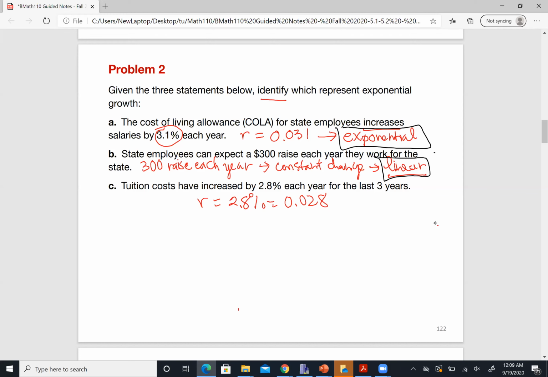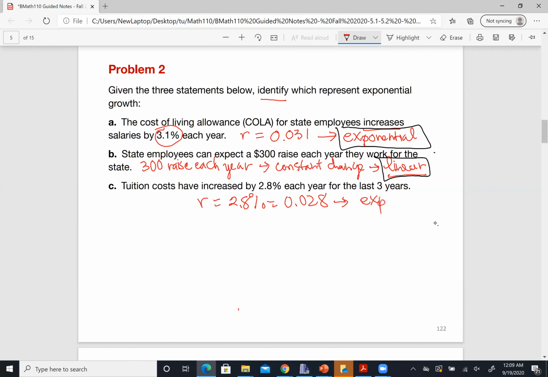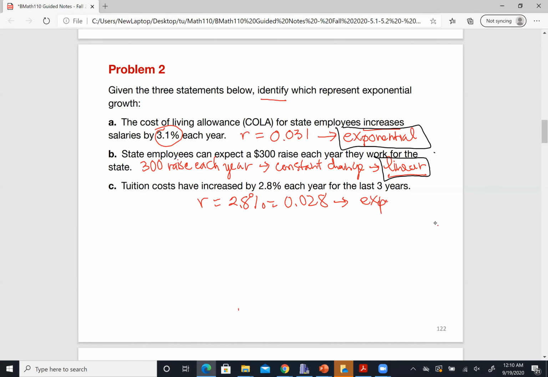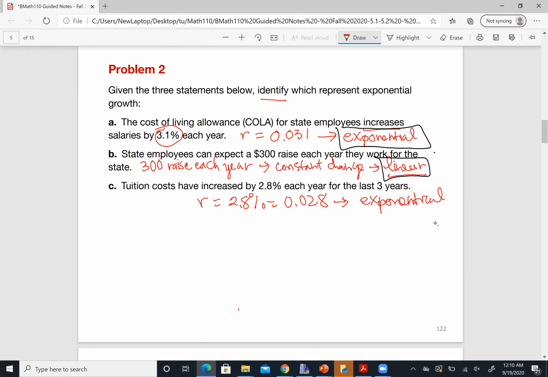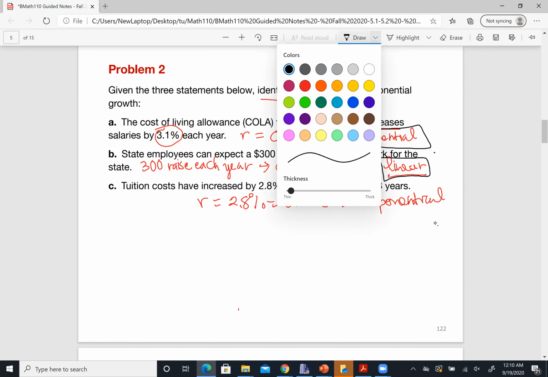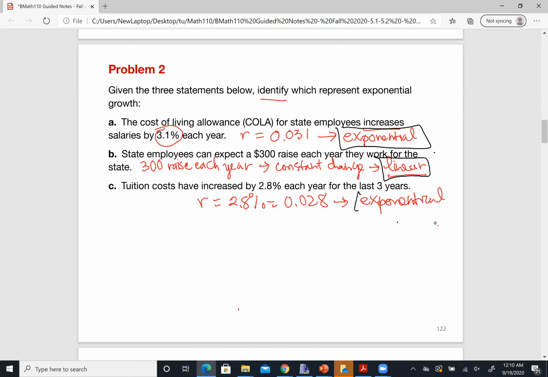And again, this is going to be exponential function.